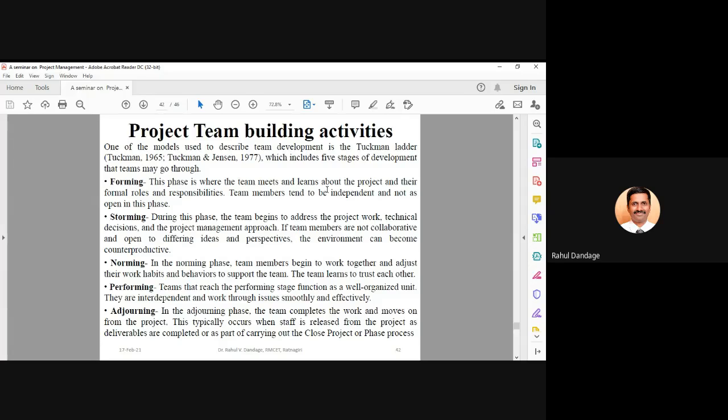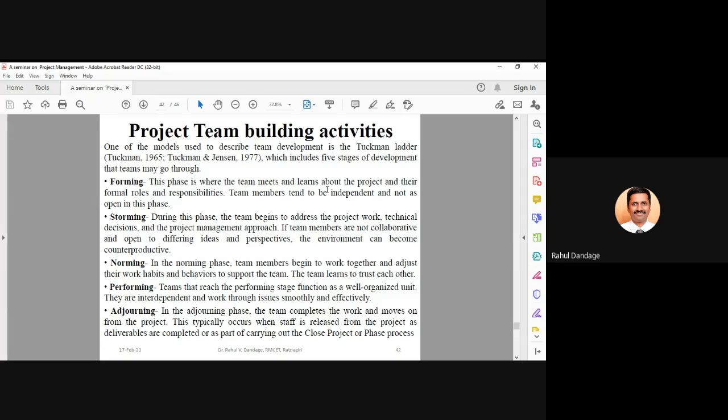The next phase is about performing. So the team has been formed, the storming phase is over, the norming is also over. They have learned to trust each other, they have started working by adjusting themselves. Now it comes to giving the actual performance. So the teams that reach the performing stage function as a well organized unit.